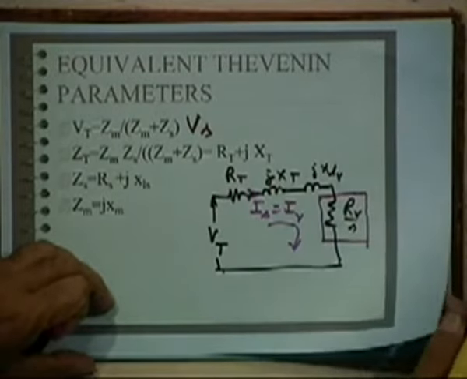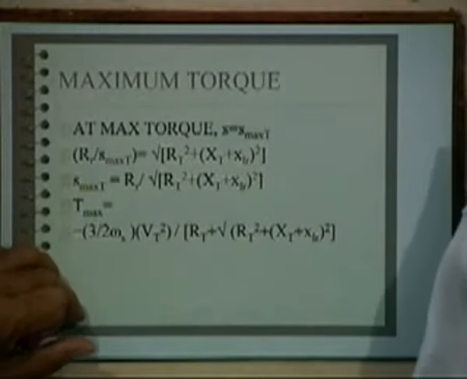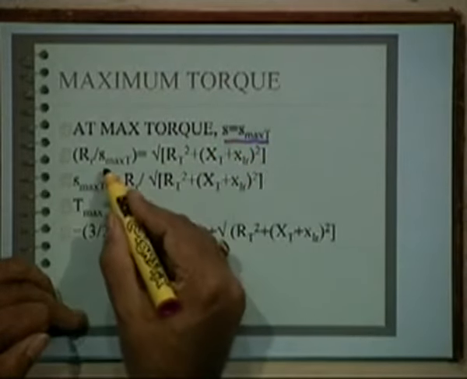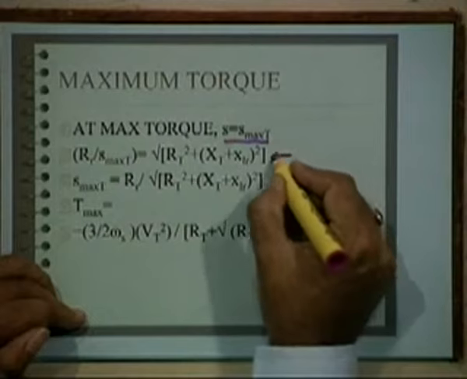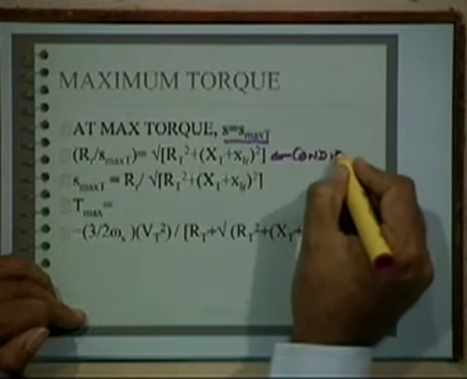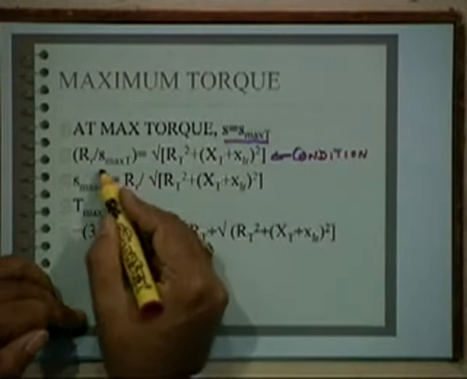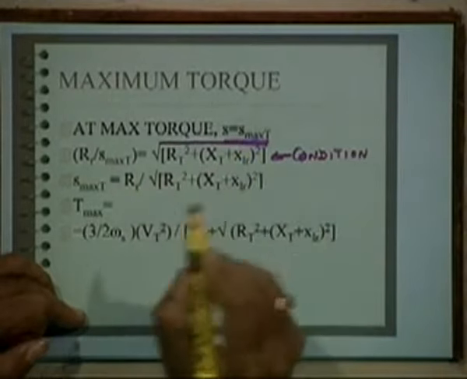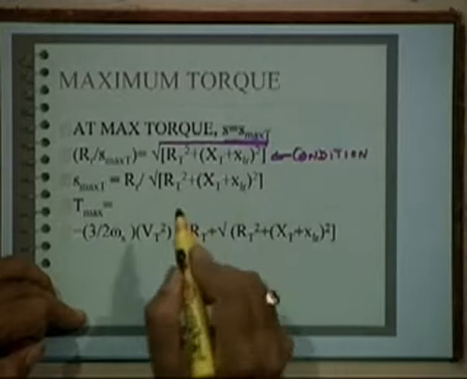So we now can evolve a condition for maximum torque. So at maximum torque, that is S is equal to S max T, this is the condition. When RR by S max T is equal to the remaining impedance, square root of RT square plus XT plus XLR whole square.